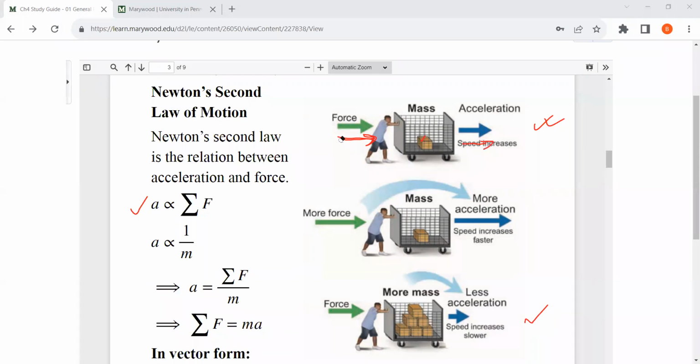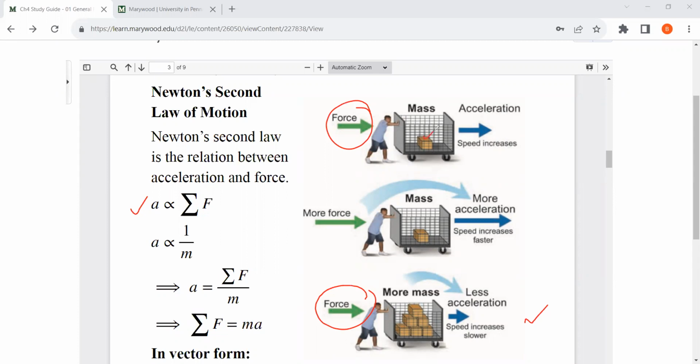We already know that more force means more acceleration. Now what happens if we do not change the net force? You see that the length of the arrows is the same in both cases, but we change the masses.